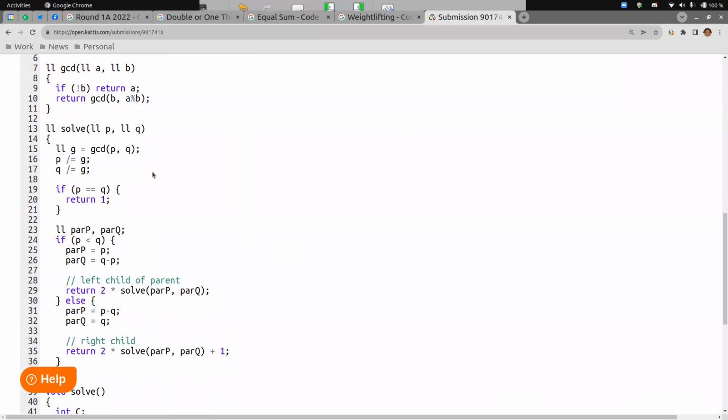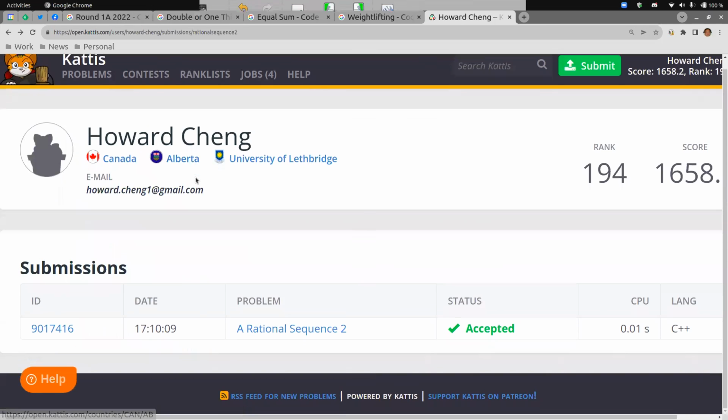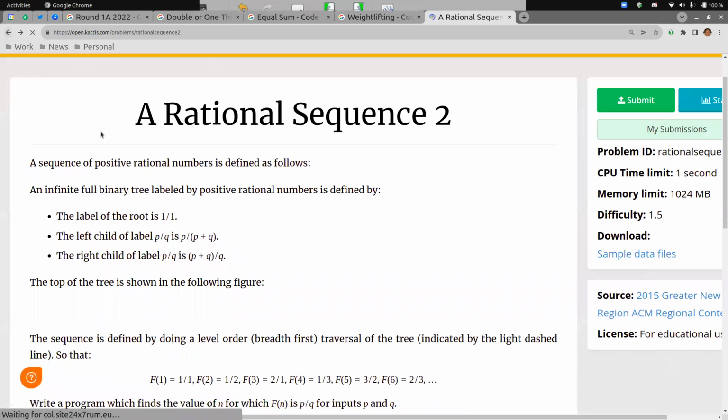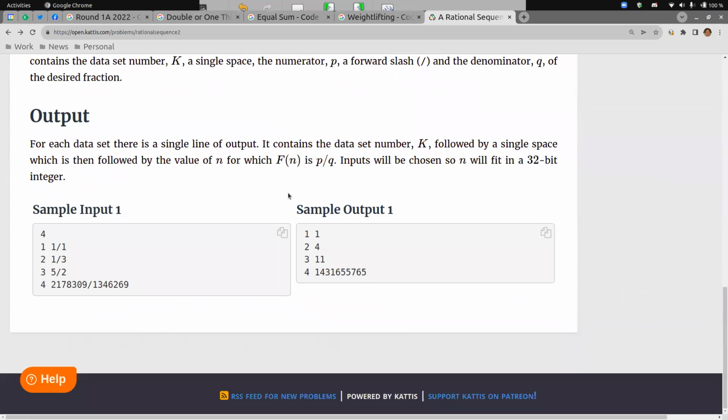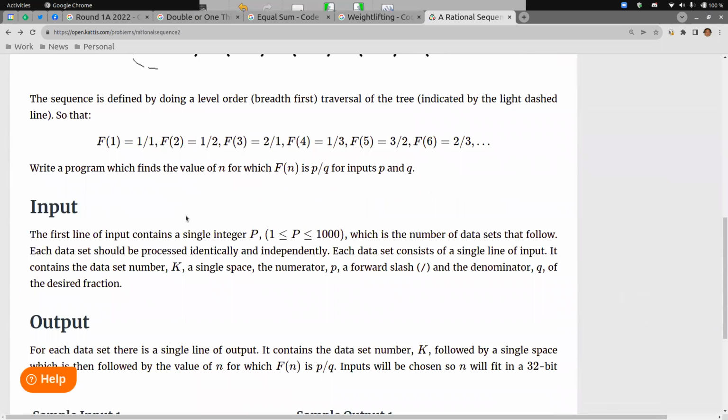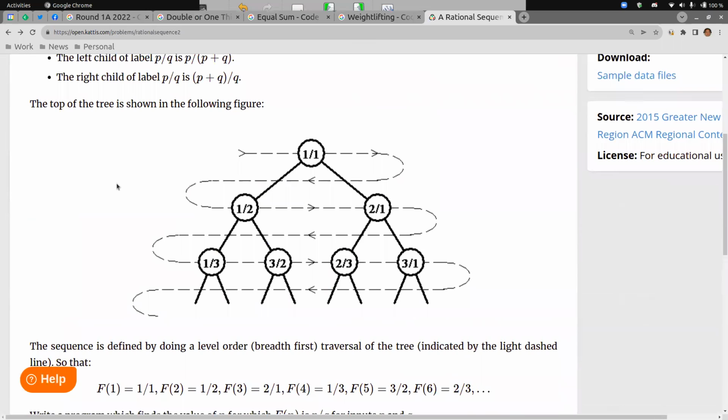I'm using the GCD just to make sure that the number you gave me doesn't have common factors, because I don't remember if the problem says that P over Q is in the lowest terms. It doesn't say it. So I just wanted to divide that out just in case. That's all I'm using it for.